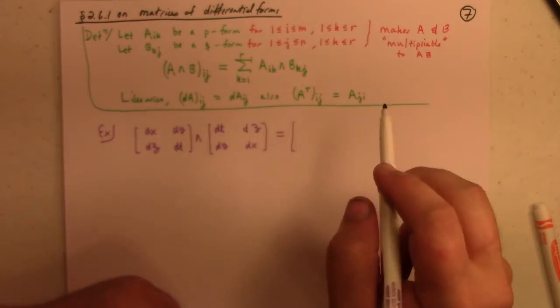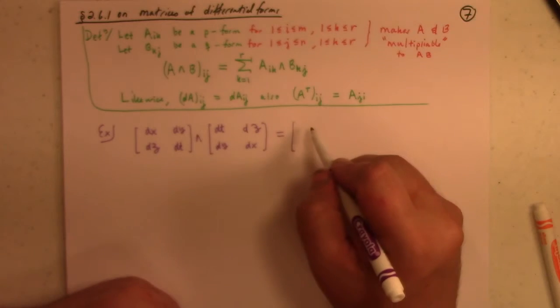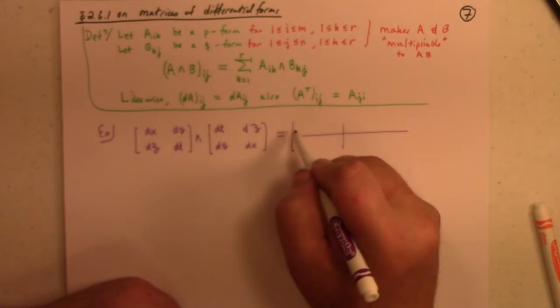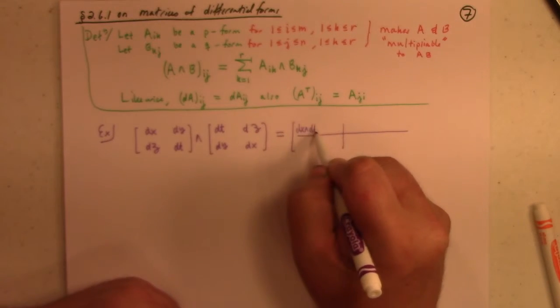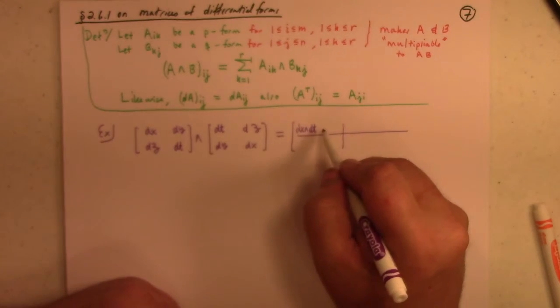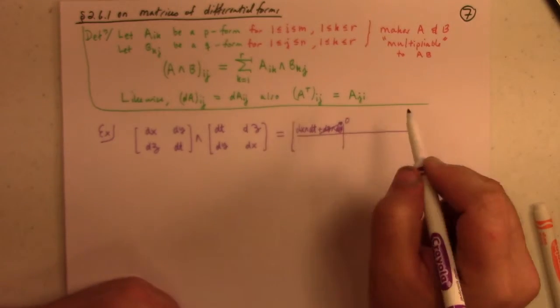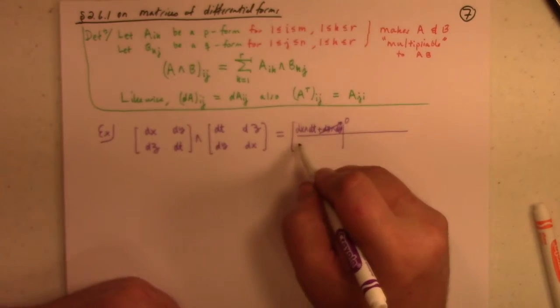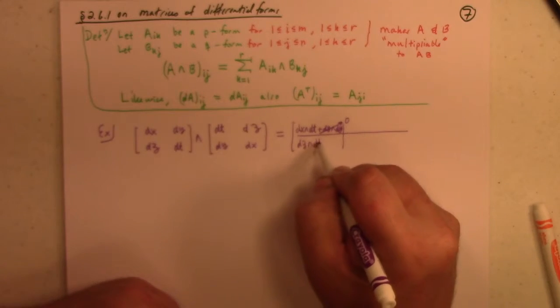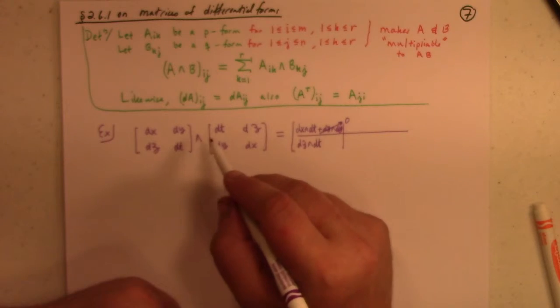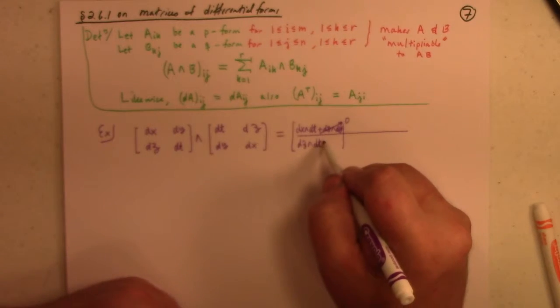Alright, so what do we get? We should get a matrix of two forms. So what we get is, I'm going to write it like this. We'll get dx wedge dt plus dy wedge dy. I don't really need to write that, because dy wedge dy is 0. And then we get dz wedge dt plus dt wedge dy.